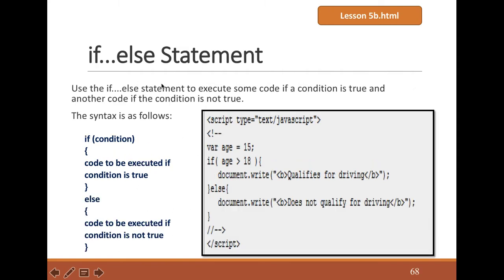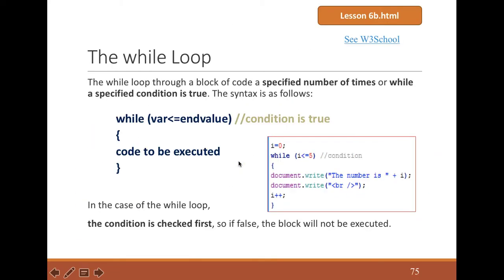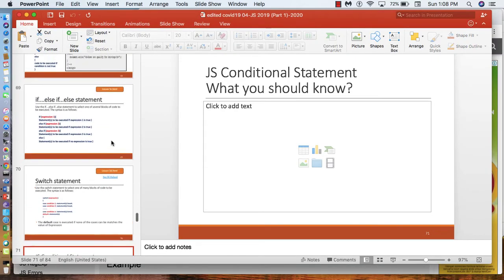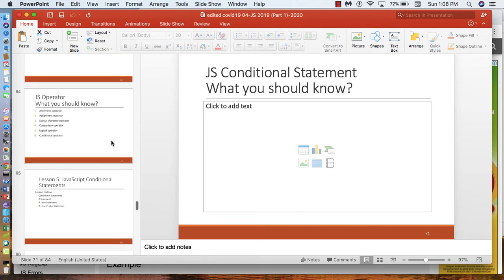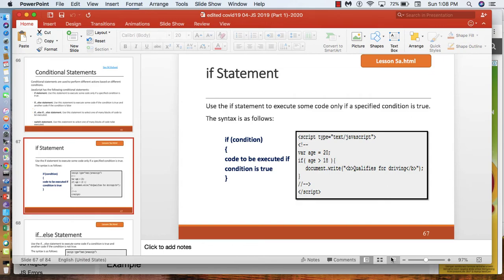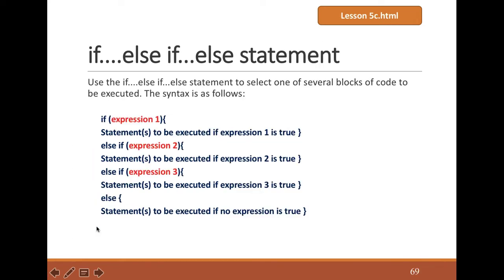For the if else statement, you just put another else and you put another condition. Similar to if else, you put an expression that refers to the mathematical condition equation. Normally, we have to transfer the expression into a mathematical form.